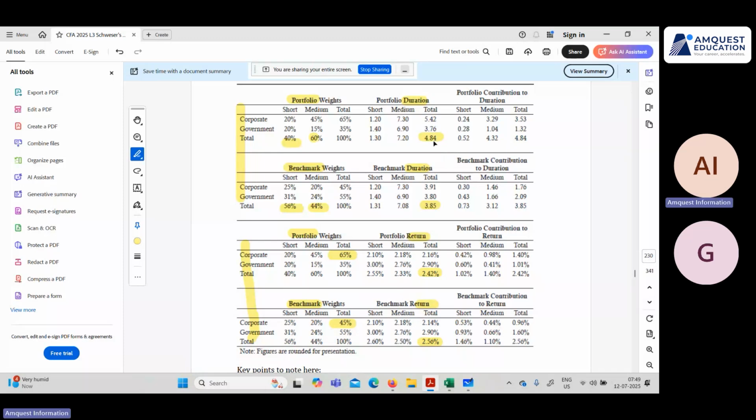When you see that the portfolio duration was 4.84 and this was 3.85, what do you think the manager would have thought in terms of duration? The rates are increasing. Sorry, decreasing. Sorry, come again. Rates are decreasing.